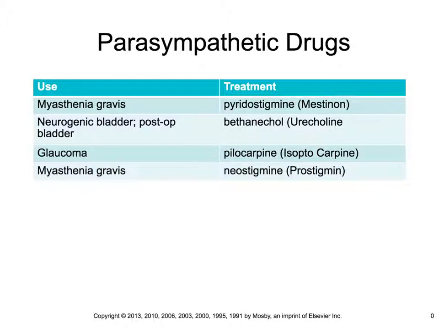And if a patient has an overdose, a cholinergic crisis, it is treated with atropine, but it is also used for Alzheimer's disease and to treat poisoning by muscarinic agonists.